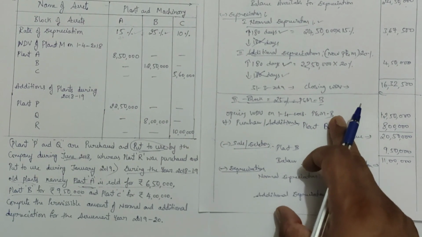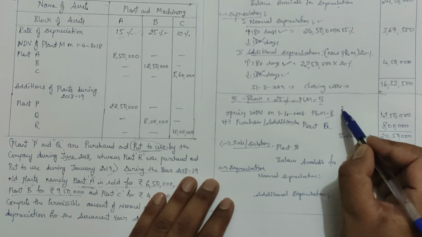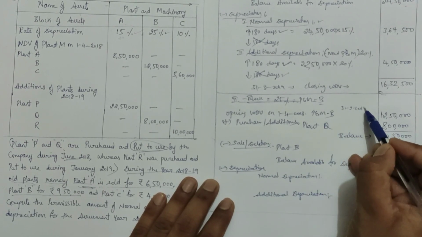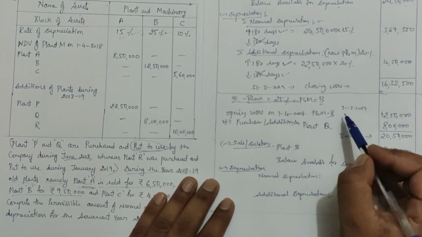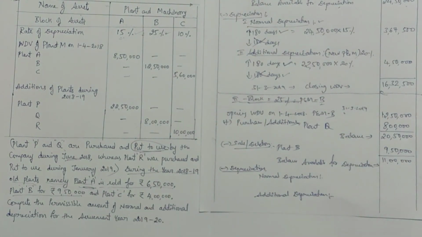So plant B, from 1/4 till 31st/3/2019, that is the last day of the financial year. So we will get 365 or 366 days, right? So it is more than 180 days. That means plant B has more than 180 days, so we need to calculate full depreciation.